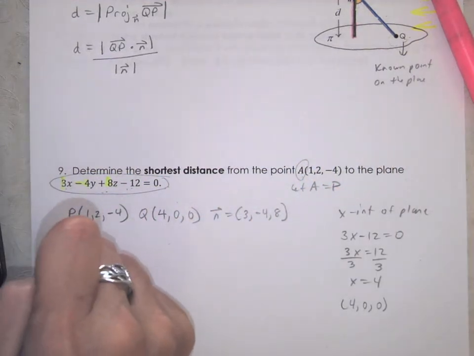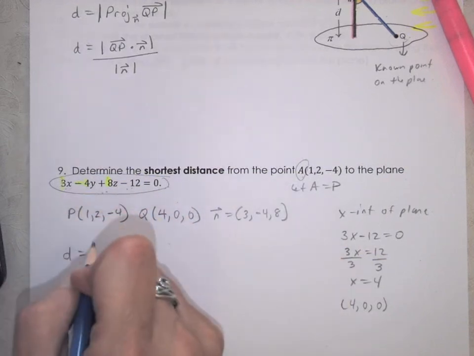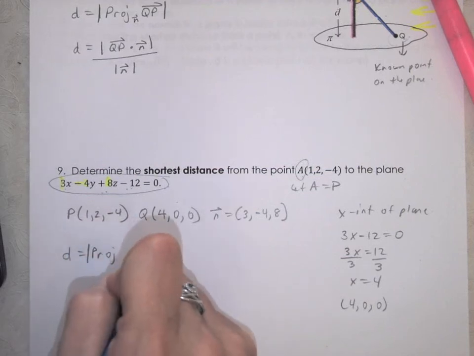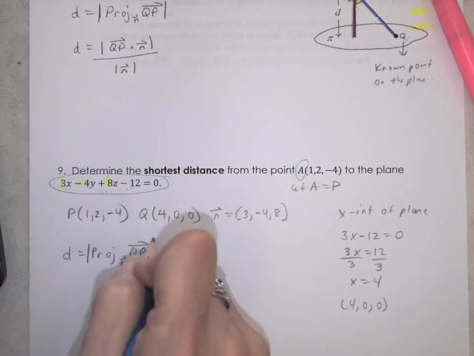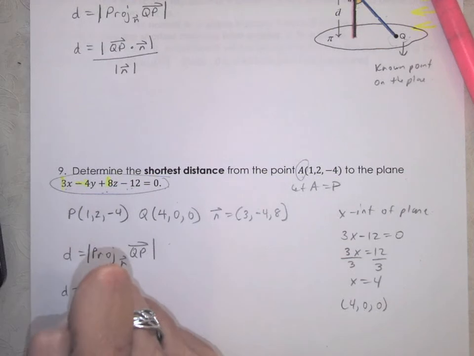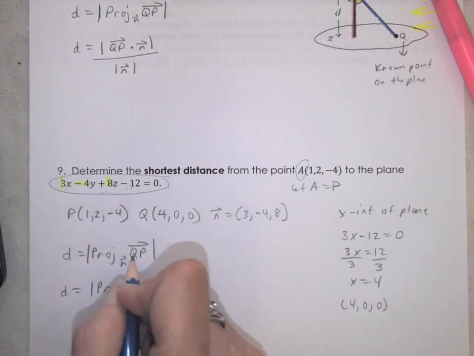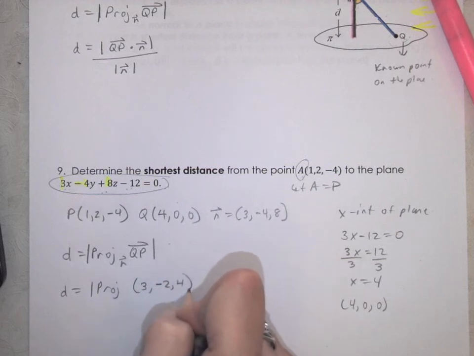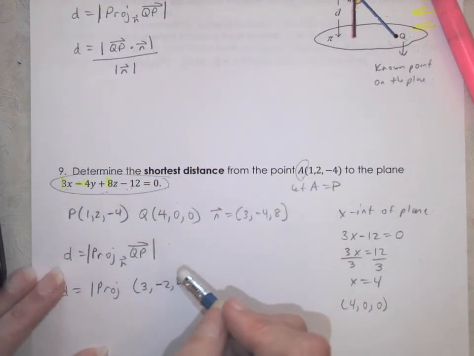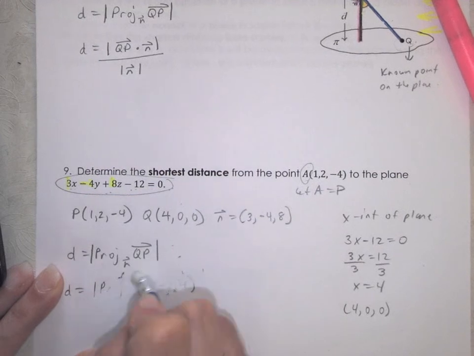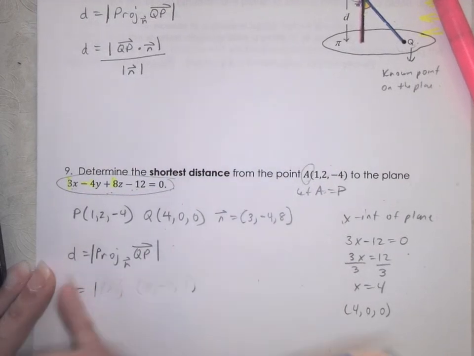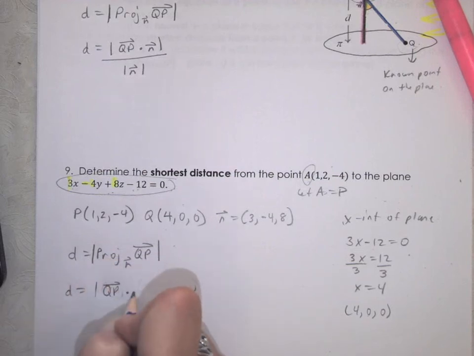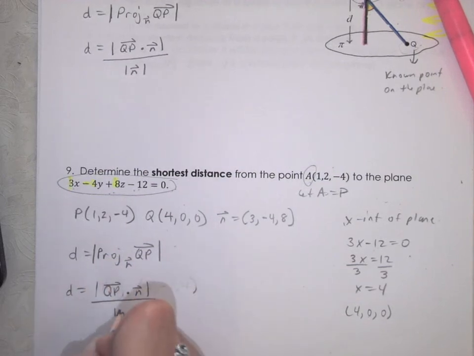And our formula is that the shortest distance from the point to the plane is the magnitude of the projection of QP onto the normal. So that's QP dotted with n over the magnitude of n.